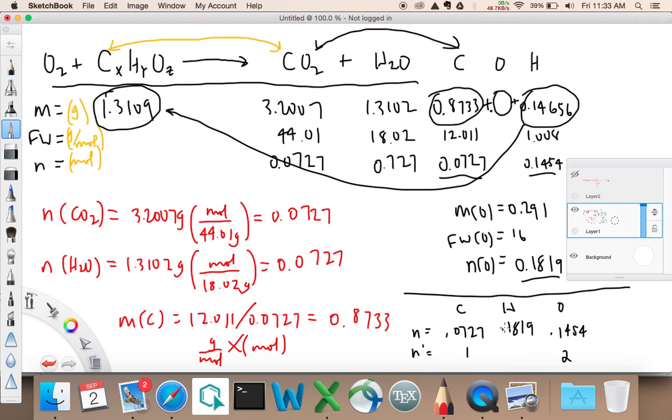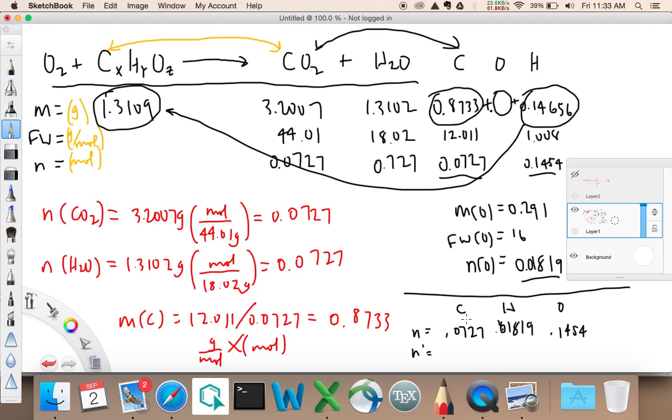Oh, there's a 0 here. Sorry, 0 there. Oops, that makes that the smallest number, doesn't it? All right. Let me go back here. That's a 0.